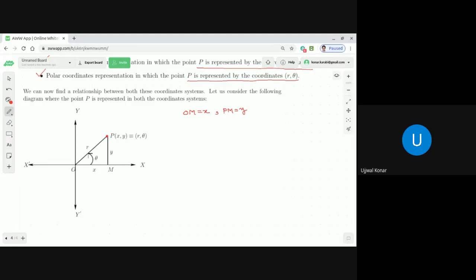Now let us consider the right angle triangle PMO. Why is it a right angle triangle? As I said, PM is perpendicular to the x-axis, OX. So then what can we find? In the triangle PMO, sine theta is equal to y by r, correct or not?